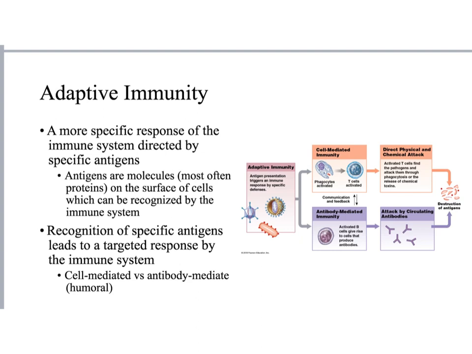Adaptive immunity is going to be a lot more specific. It's going to be directed against a particular antigen, and that particular antigen is going to be on a particular organism or a particular molecule, and so we're going to start getting very specific responses.